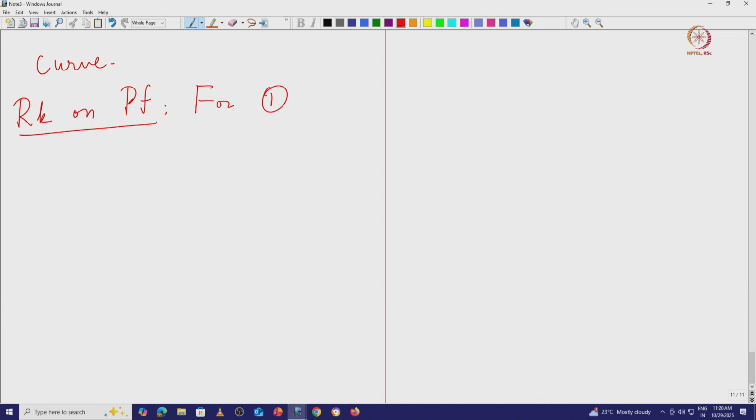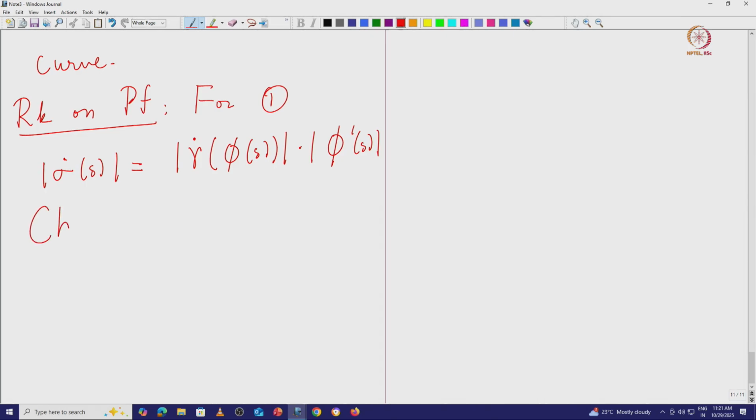For the first part we basically use the chain rule and see that sigma dot of s is precisely gamma dot of phi of s times the absolute value of phi prime of s, and then you just use change of variables or the substitution law. For part two, why is it called an arc length parametrization?